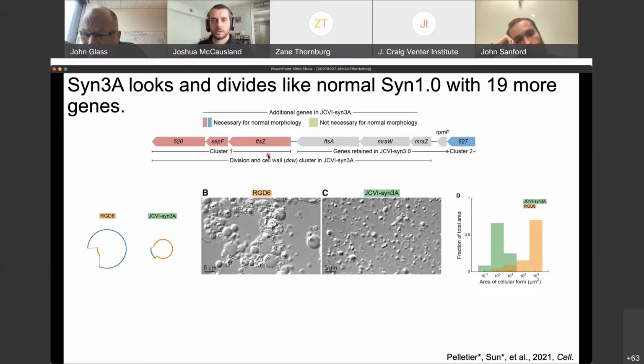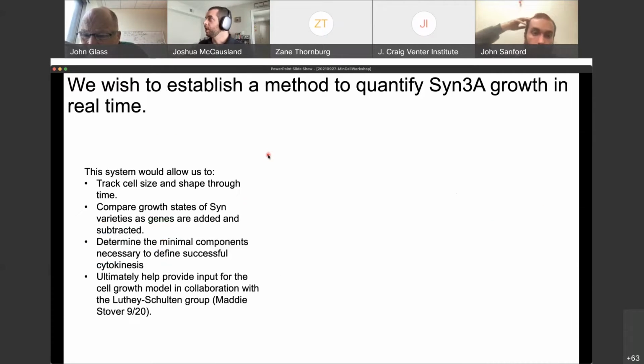On my end, I'm very interested in the growth dynamics of these cells. In particular, I want to see if I can establish some sort of method that can quantify the growth of Syn3A in real time. Realistically, this would mean that I have to track the cell size and shape of individual cells.